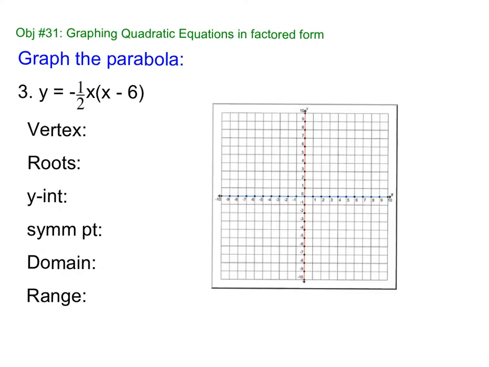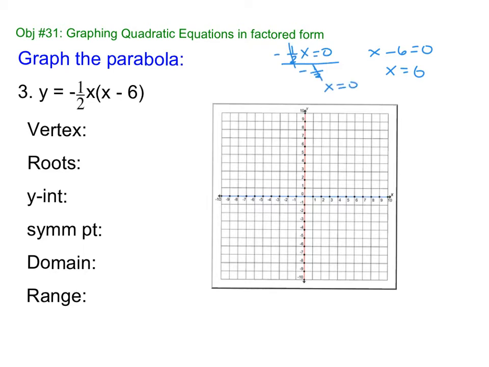Okay. So this is a little harder than the other day, so pause and try this on your own. So we have negative 1/2 x equals 0 and x minus 6 equals 0. So this is 6. This is just 0, because 0 divided by anything is just 0.